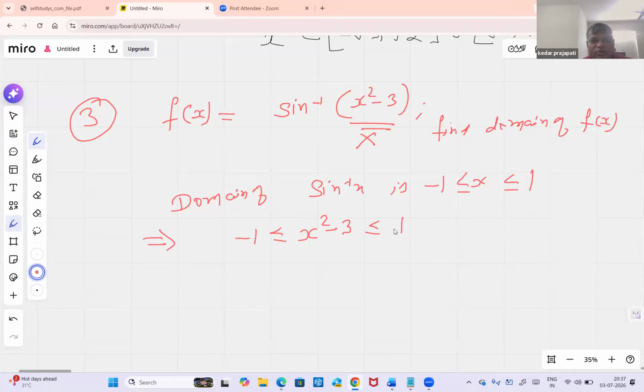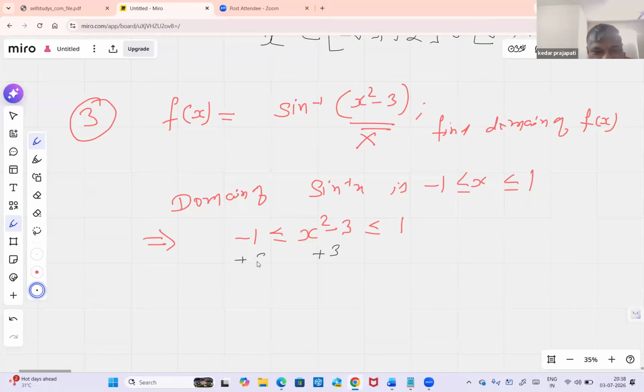Now what do we need to get? We need to bring it into this kind of question. We know the domain of this, but we have to find x. In order to find x, I have to remove 3 from here, so I will be adding 3.